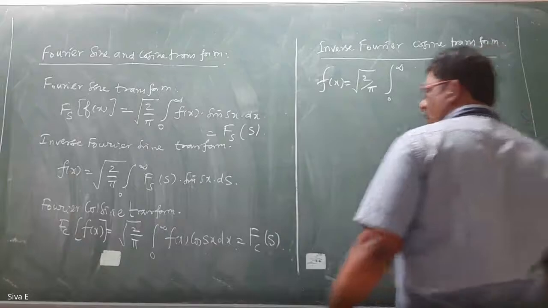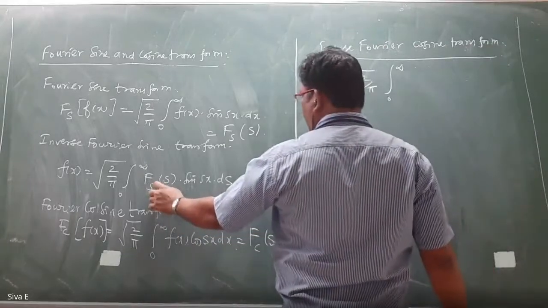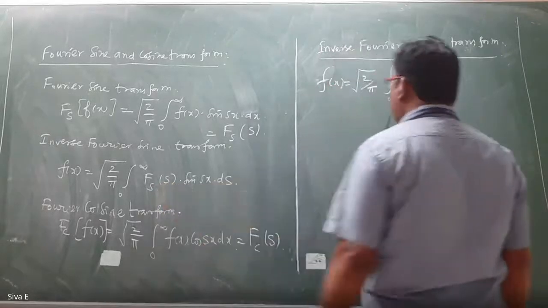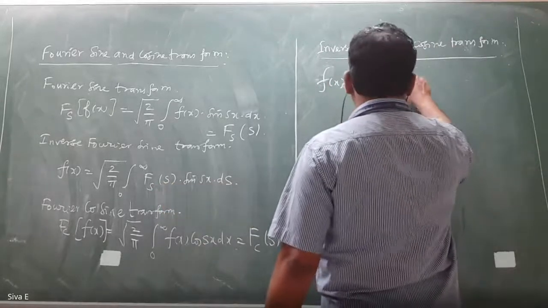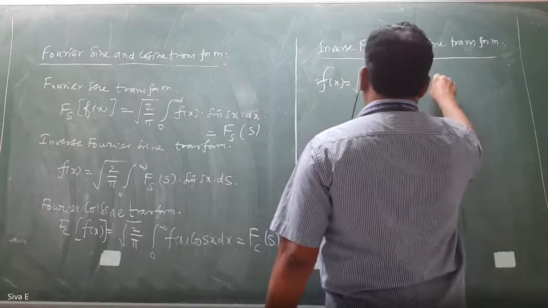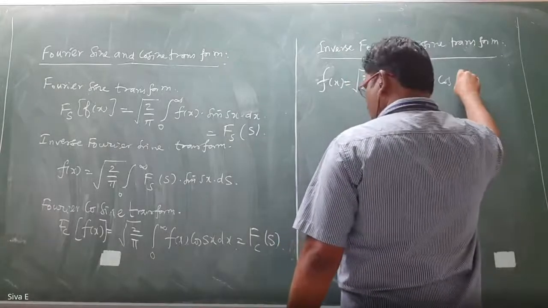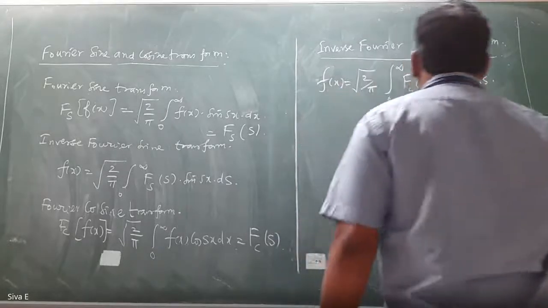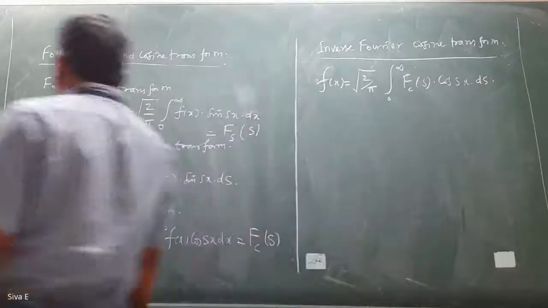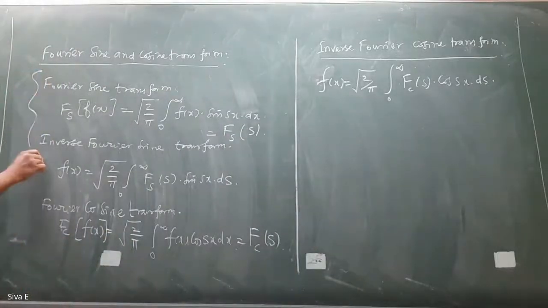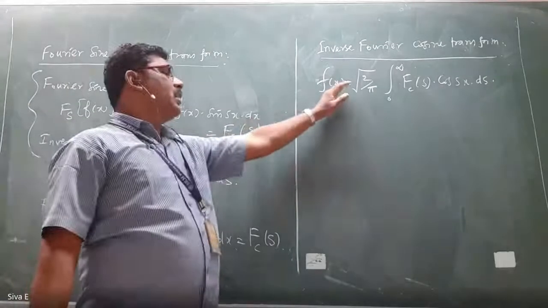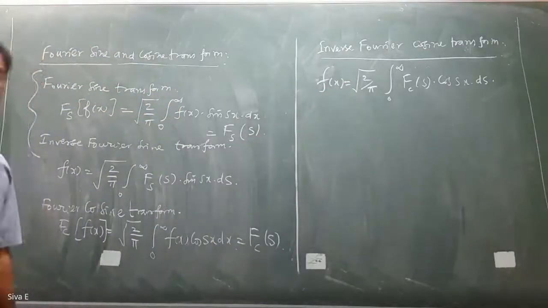But from this only you can identify whether it is the inverse of Fourier or sine or cosine. These two formulas are called Fourier sine transform pairs. These two formulas are called Fourier cosine transform pairs.